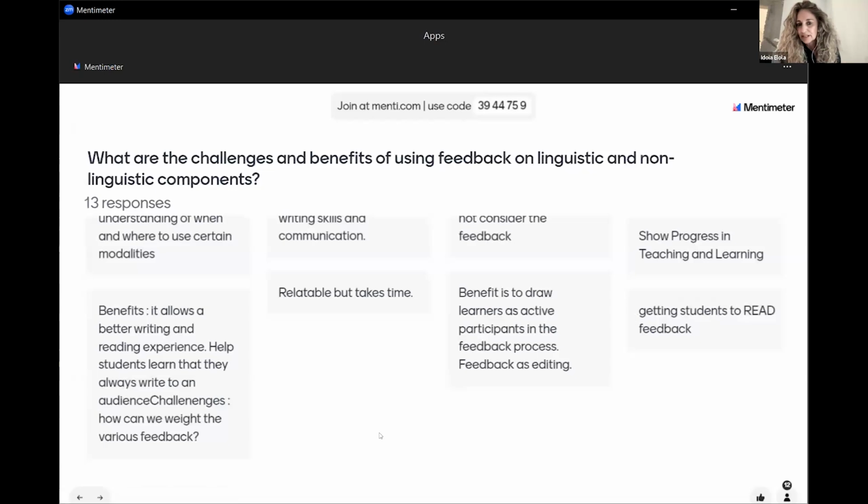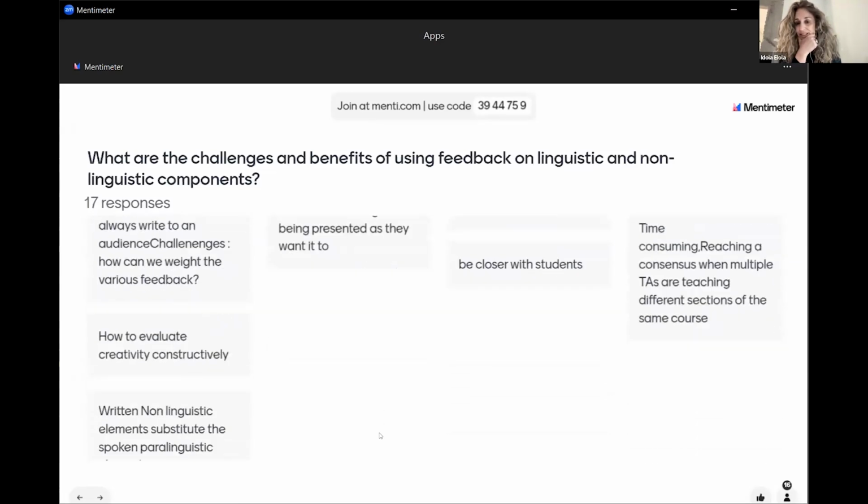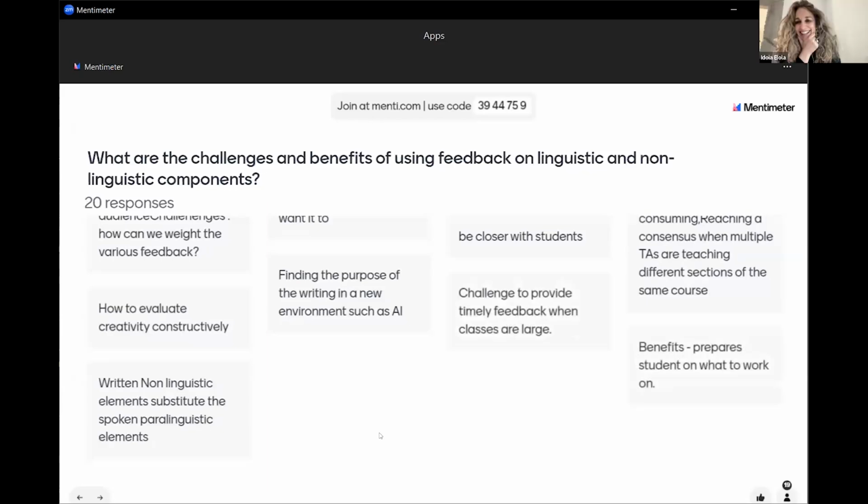Active participants in the feedback process, which is really good and something that we need to consider, especially when we have so many components, to help them work collaboratively. Time consuming. A challenge is to get the students to read the feedback, read in capital letters. Exactly.